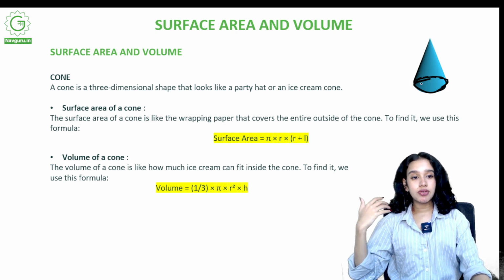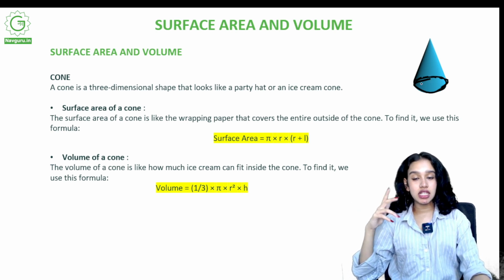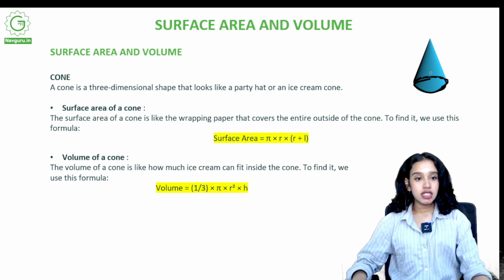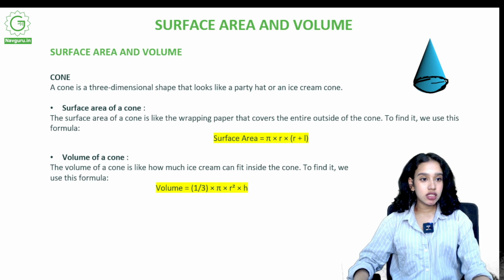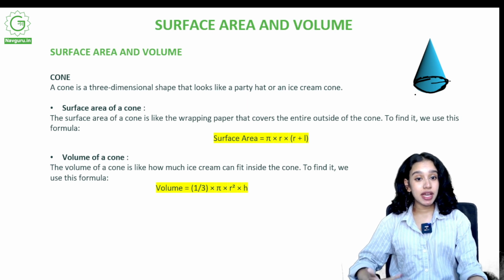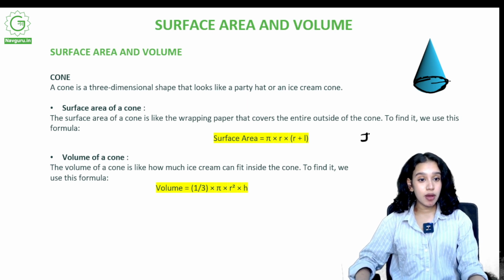Now, what is the surface area of a cone? How do we find the surface area of a cone? The surface area of a cone would be pi r square, right? Now, do we take pi r square completely? No, we take pi into r into L, where L is called the slanted height. What is slanted height?